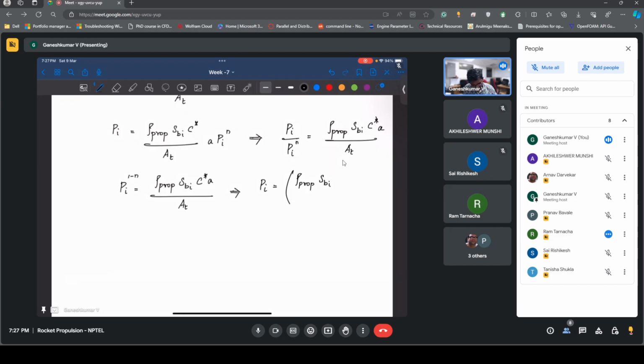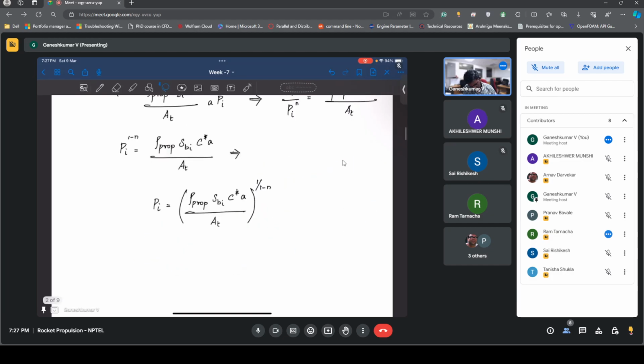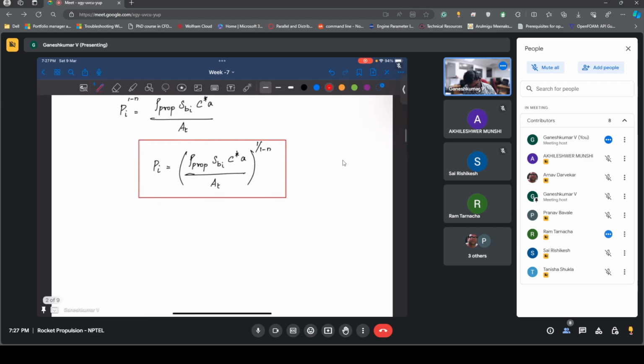So this is nothing but the mass conservation equation. Can you guys guess what this is? How did we get this? Can you relate why I am saying it's a mass conservation equation? The rate at which the mass is burning is equal to the mass that is ejecting out from the nozzle.